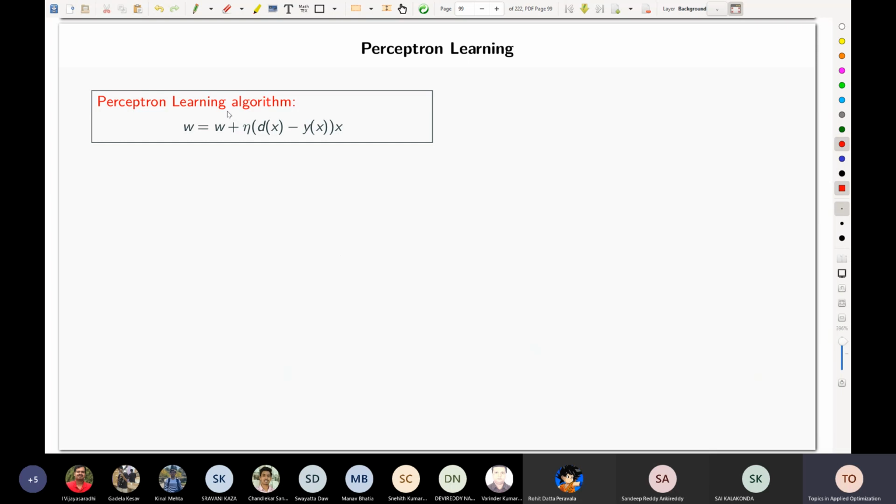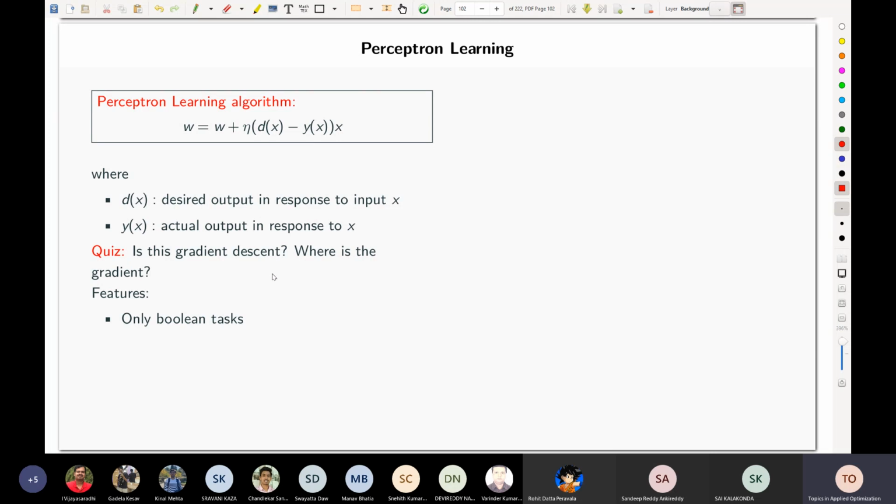Okay, so the perceptron learning algorithm looks like this. It's very similar to the gradient update. D is the desired output in response to the input X. So this is my desired output. I take a difference from the expected output, where Y is the actual output. And yeah, the question is, is this gradient descent?